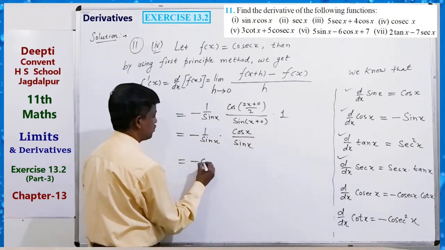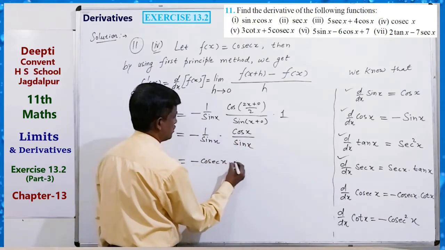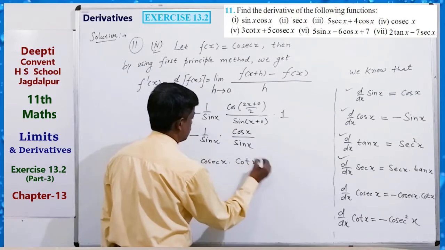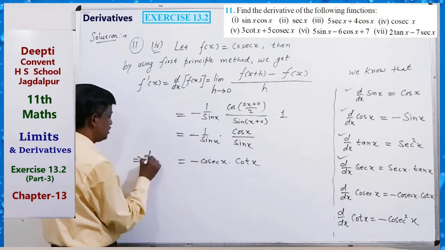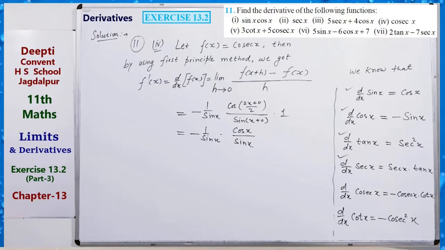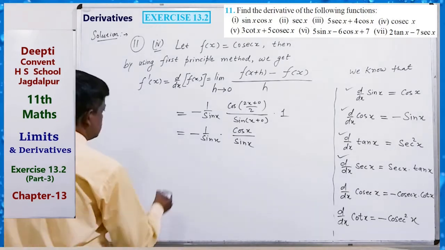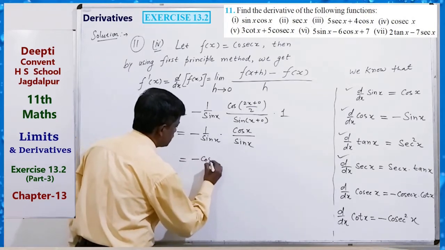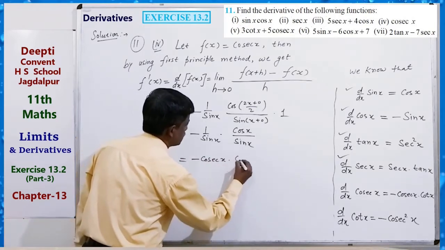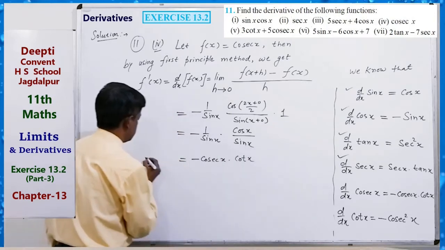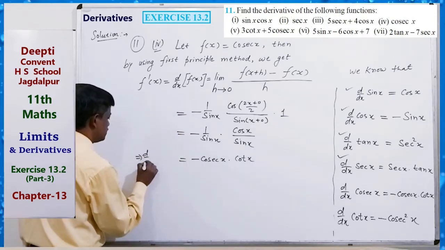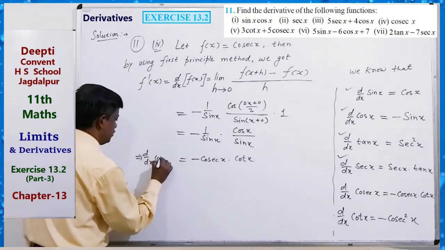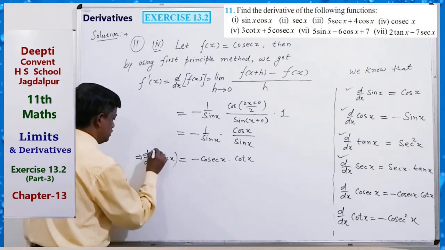This is minus cosec x into cot x. So derivative of what? This can be written as minus cosec x cot x. That is d by dx of cosec x is equal to this.